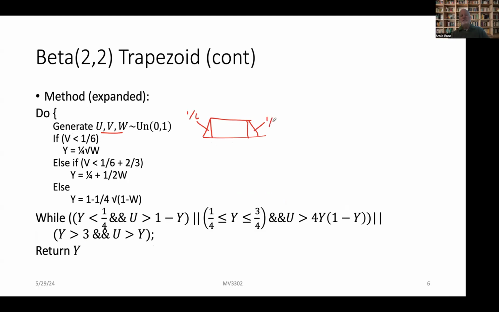So we have 1/6, 1/6, and 2/3 are the way that it works out. Where does that come from? That comes from the fact that we need to scale our majorizing function to be a PDF. And when we do that, these are the probabilities that come out. If you get that wrong and you generate them and look at the histogram, it looks all weird. So you have to get that part right.